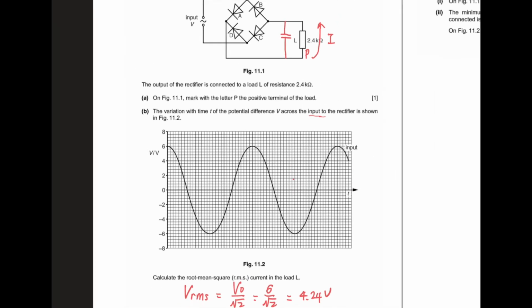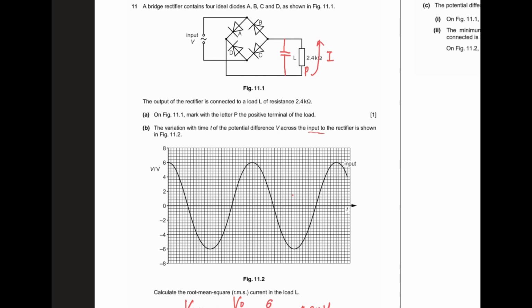And after that, imagine this input after going through the rectifier, full wave rectification will happen.